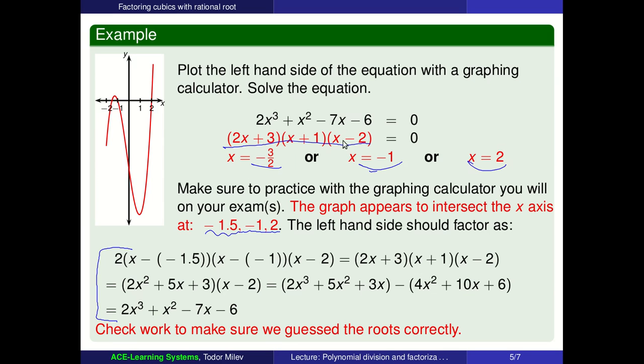In fact, I wouldn't have even needed to factor it. I could have immediately told you that minus 3/2, negative 1 and 2 are the roots without going through the factorization. However, the intermediate factorization was a tool for verifying that our graphing device has not deceived us, and that is quite important, right? We want to be sure that our solutions are correct.